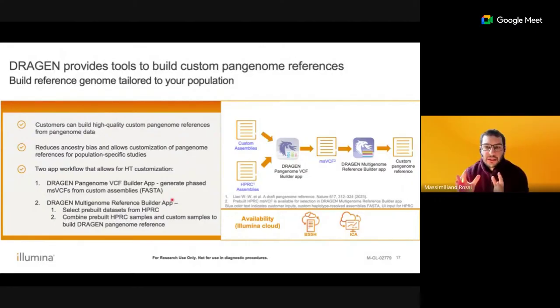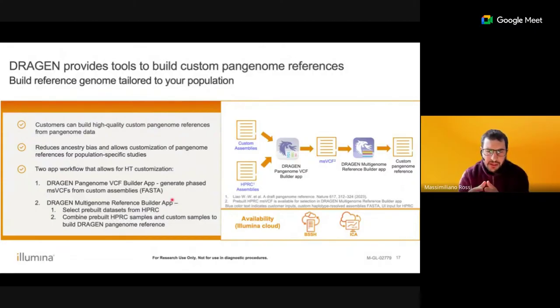You can bring your own human assemblies and build a Dragon reference, for example, for a population-specific study, with the objective of reducing ancestry bias. The user can also combine their samples with other pre-built assemblies that we provide.